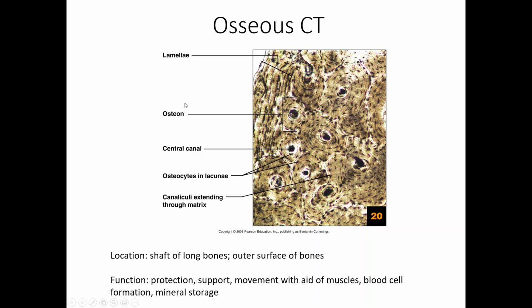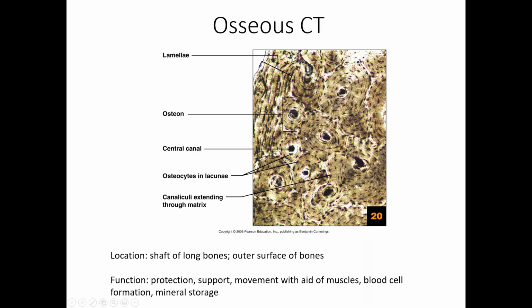So on your lab list, you may notice that you need to learn an osteon, which is just one of these big circles. Okay, you'll see that these are all over the place. Each one of these giant circles is an osteon. In this case, they're kind of a black appearance. Sometimes they're clear, but these dark circles here, these are central canals. So every osteon has a central canal in the middle.